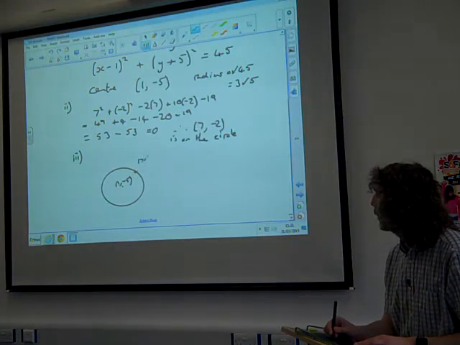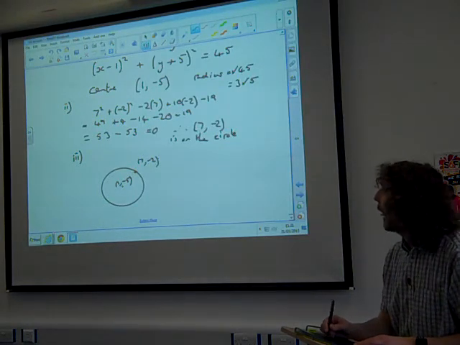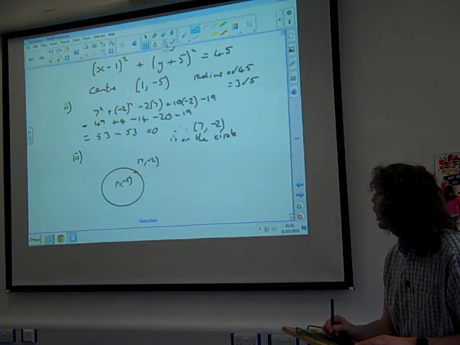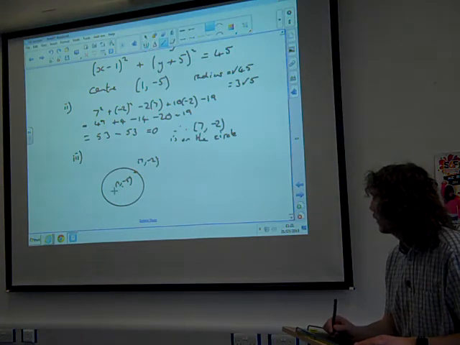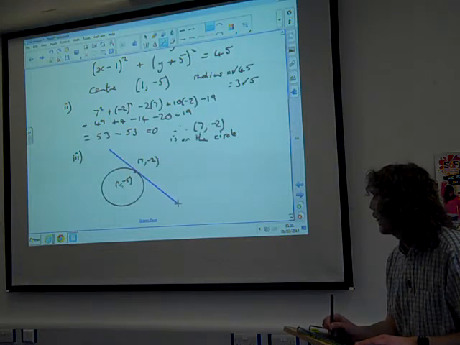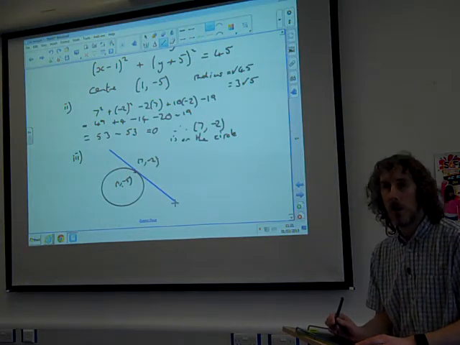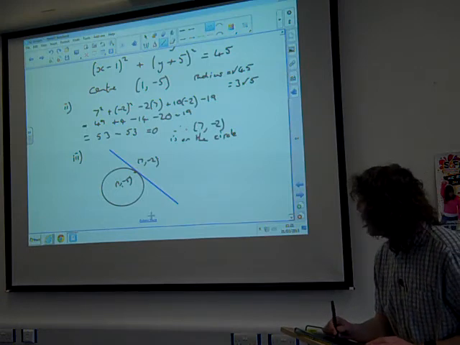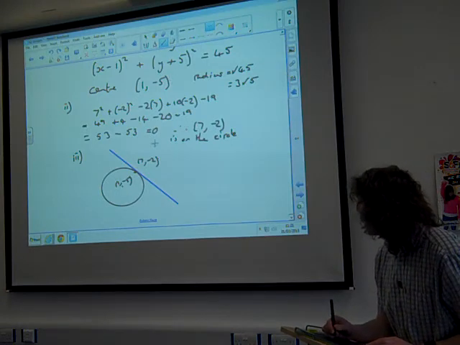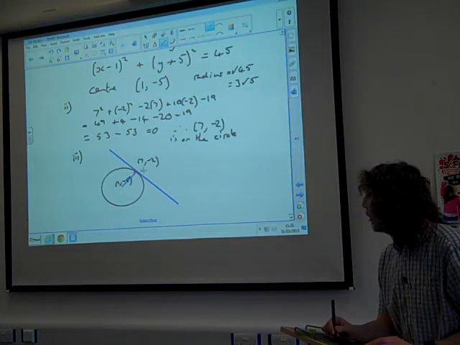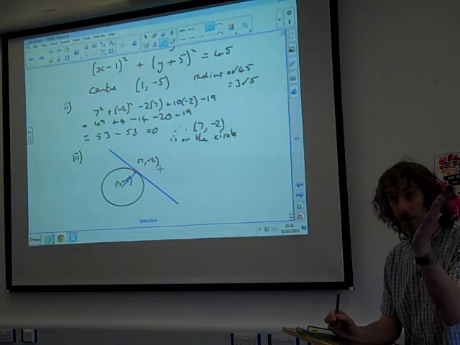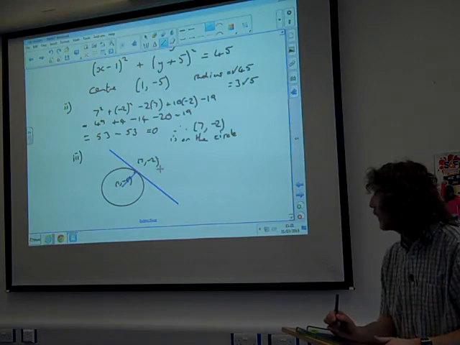There's the point 7, minus 2. And we've got a tangent to that. Oh, that was quite wrong. There we go. Right. So what do we know? We know that the radius at that point is perpendicular to the tangent. We've got a point that the tangent goes through, that's great, 7, minus 2.